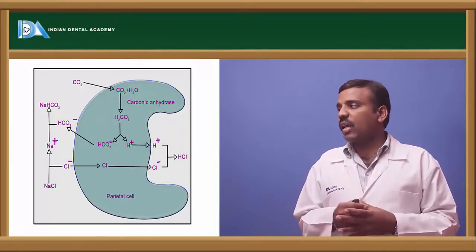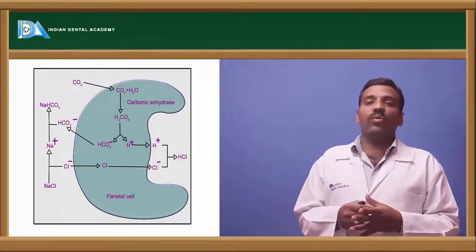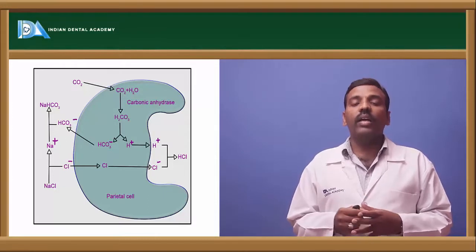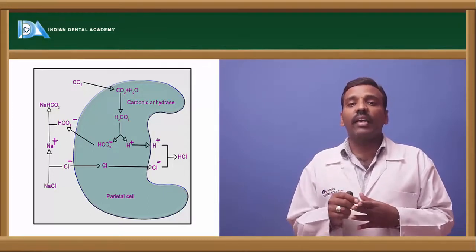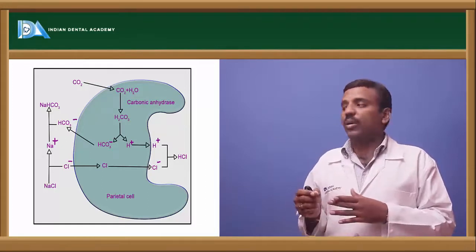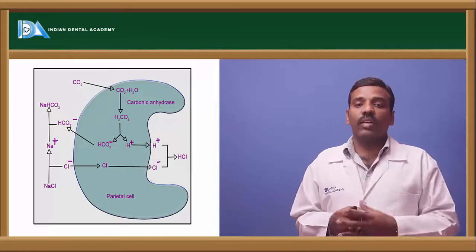This carbonic acid is again divided into HCO3 minus and H plus in the cell. The H plus ion enters into the lumen of the cell, and the HCO3 minus goes out of the cell.